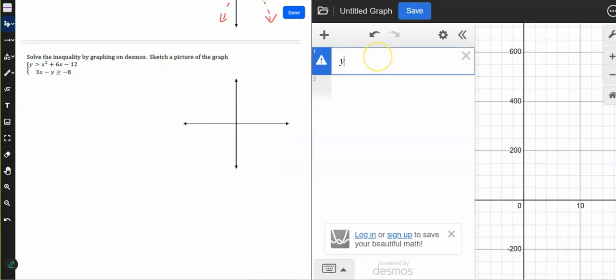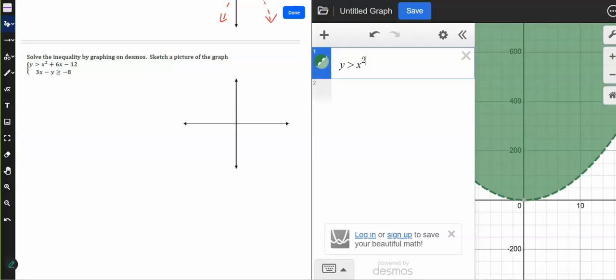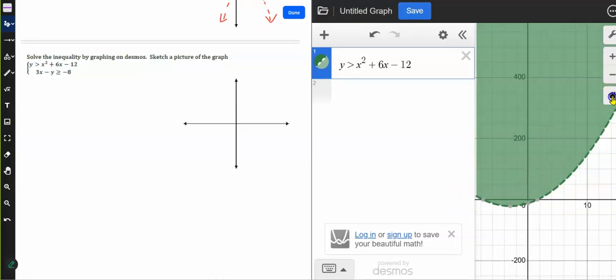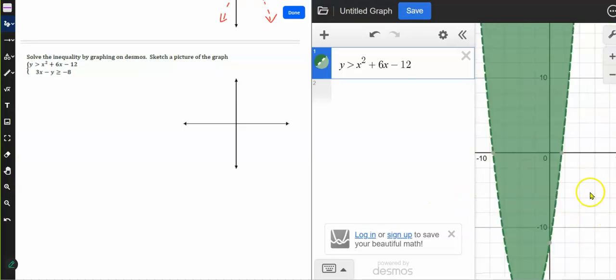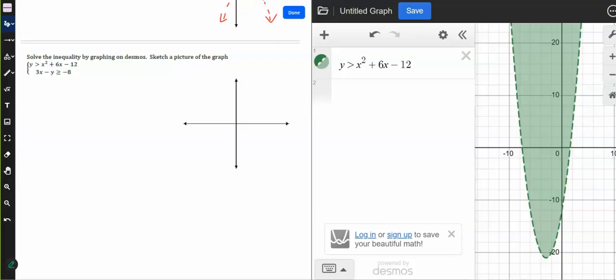So, okay, so we got y is greater than, this one's already solved for us, so I'm just going to go ahead and type it in. X squared plus 6x and a minus 12. Okay. I wonder if we should just do this. Yeah, that's not horrible. Yeah, it's not bad.